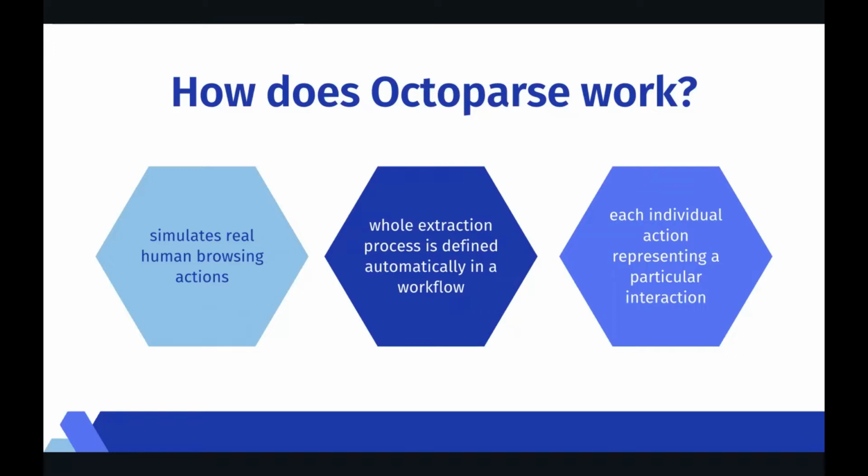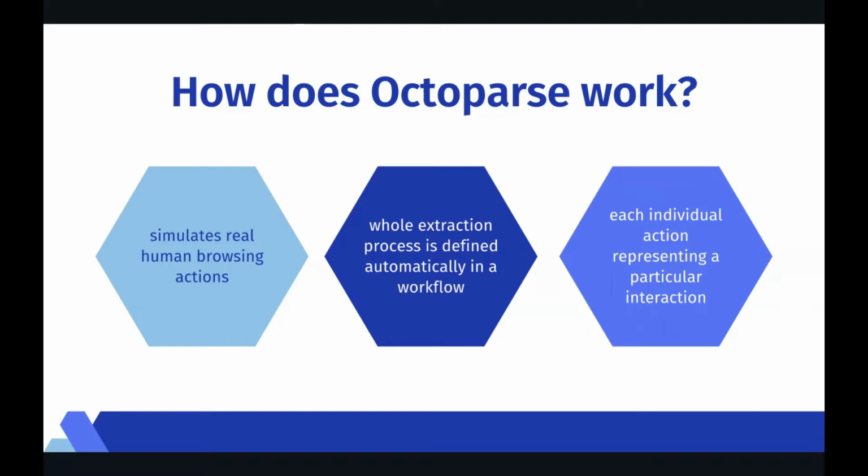The whole extraction process is defined automatically in a workflow, with each individual action representing a particular interaction with the target web page. When you are building a scraping task in Octopus, you are essentially creating a scraping workflow that can be translated into a series of instructions for Octopus to follow through.